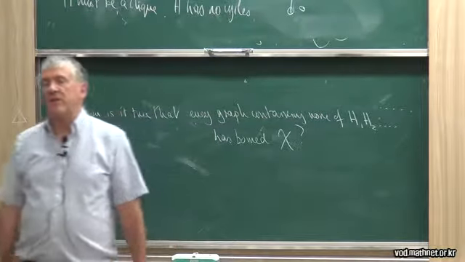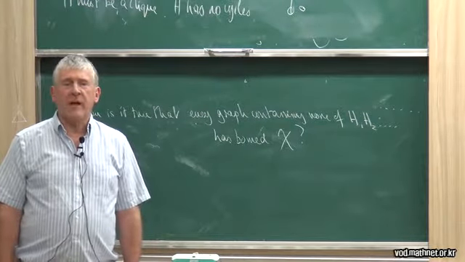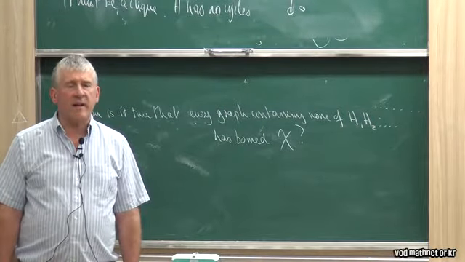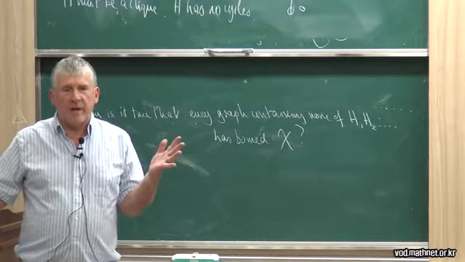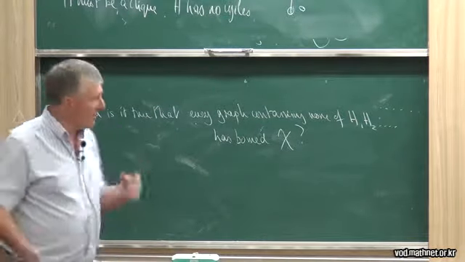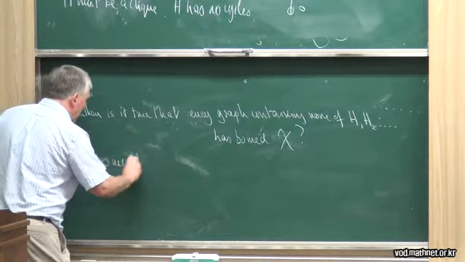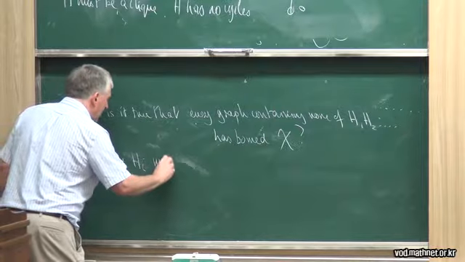Well, what can we say about the list? Let's do what we did before. Again, somebody in the list has to be a clique, because big complete graphs have big chi, so they have to contain somebody in the list. So some H_i must be a clique.